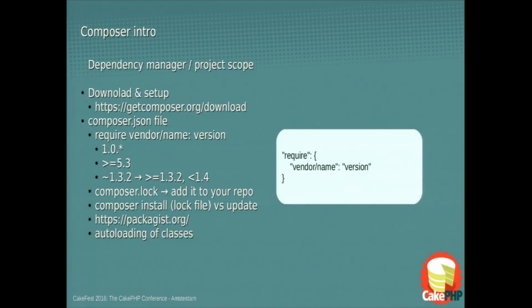I see people smiling, so I understand you know what I mean. So it's better to stick to whatever is working, so you guarantee that the tests are passing and you have that already tested. So composer install is much safer, and composer update is for the development branch, when you already have QA and testing in front of you.